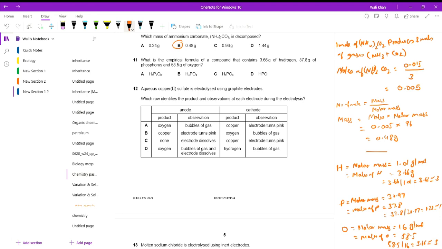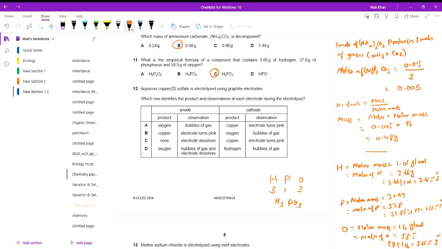So we have H, P, O in ratio 3 : 1 : 3. So the formula is H3PO3. The best option is C.